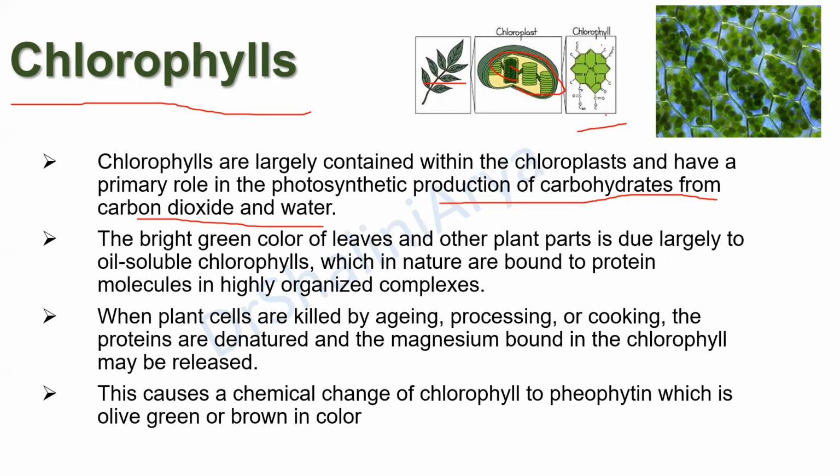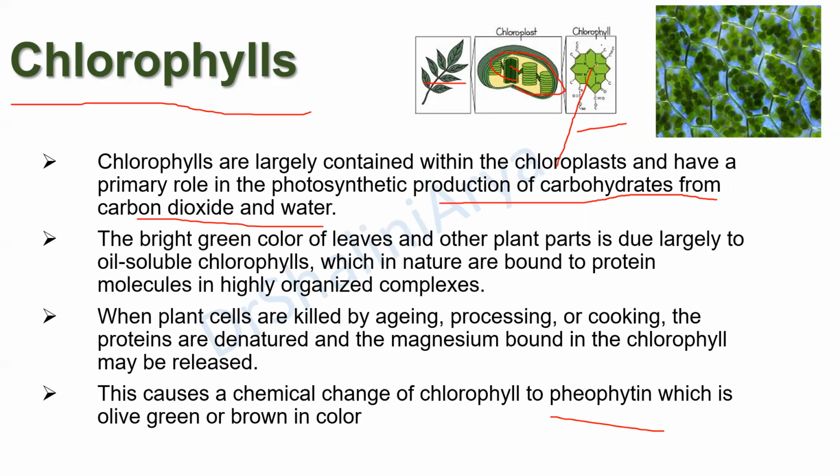When plant cells are killed by aging, processing, or cooking, the proteins get denatured, and the magnesium ion bound in the chlorophyll gets released, and this causes a chemical change of chlorophyll to pheophytin.